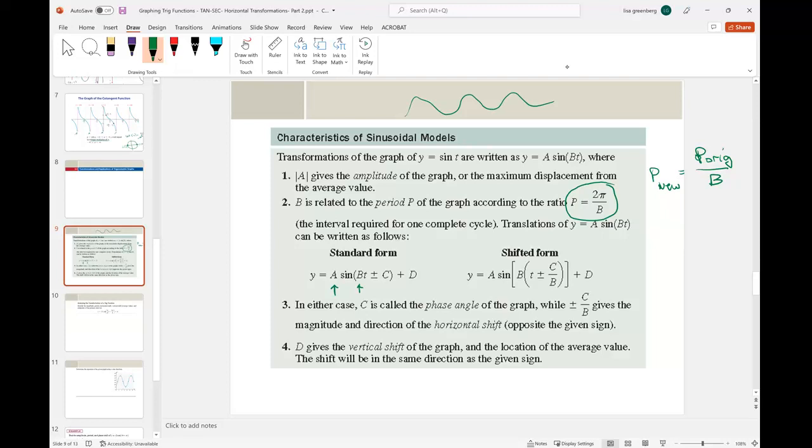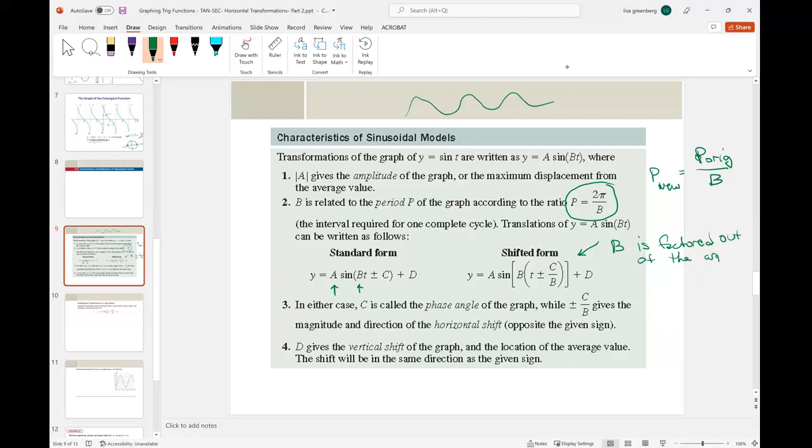All right, so now why do we have this standard form and this shifted form? Well, we use the shifted form to see what's really happening as far as our horizontal shift. The difference between these two is this one has B factored out of the argument.